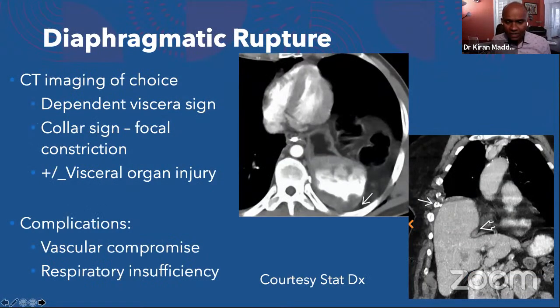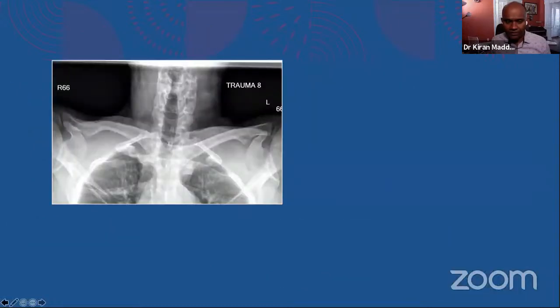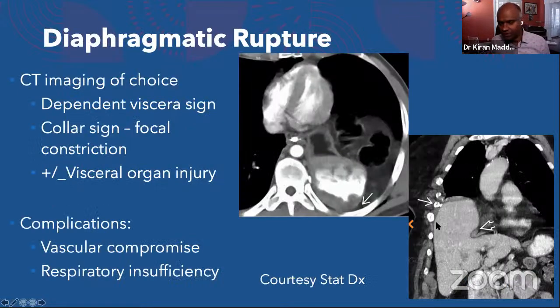So the other signs which you need to know, CT is more sensitive. This is called a dependent viscera sign, where you can see the viscera in the dependent area. And this is a collar sign, where there is focal constriction, this is on the right side, you can see the herniation of the liver, and laceration is also there.